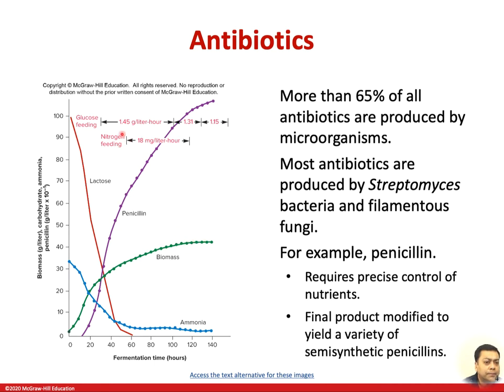That's what you want. On the other hand, you can see right here that you feed it with nitrogen, about 18 milligram per liter, after the log phase growth is done.